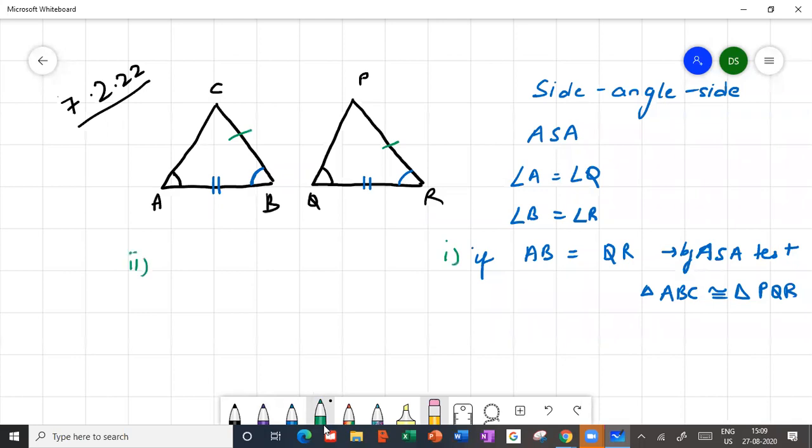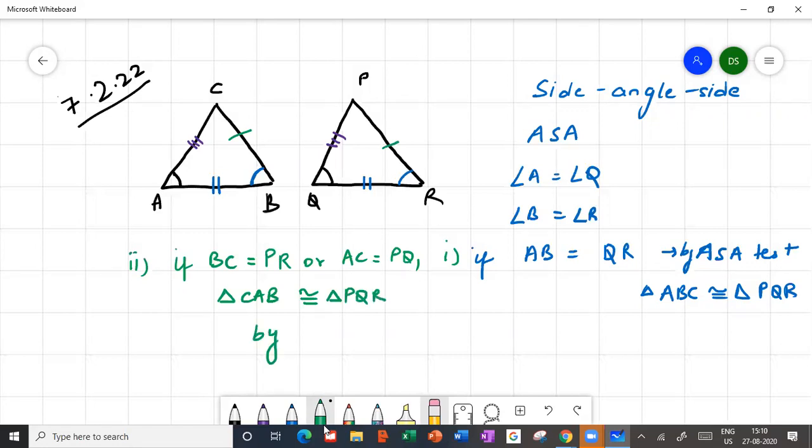The second case is if BC is equal to PR or AC is equal to PQ, then triangle CAB is congruent to triangle PQR by which test? AAS. Correct, AAS.